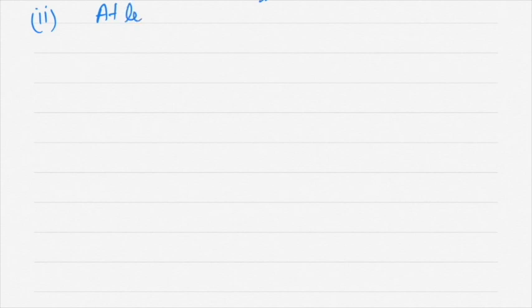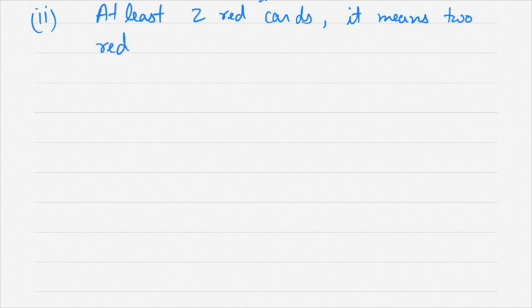So write down at least 2 red cards. It means two red, or all 3 are red.